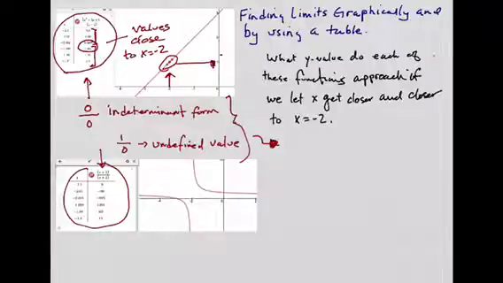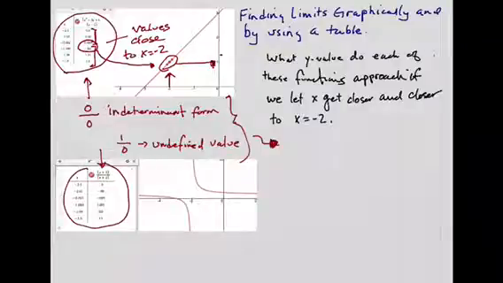And again, those are y values. And it confirms what we're seeing graphically. Again, there's no value at x equals negative 2 because I would have an undefined term, an indeterminate form, when I put that in.